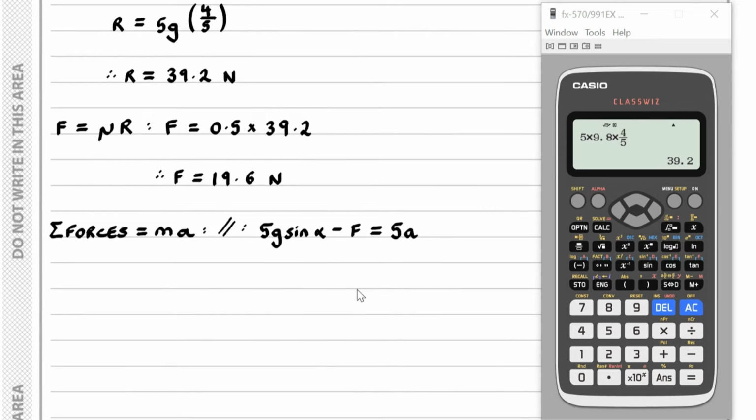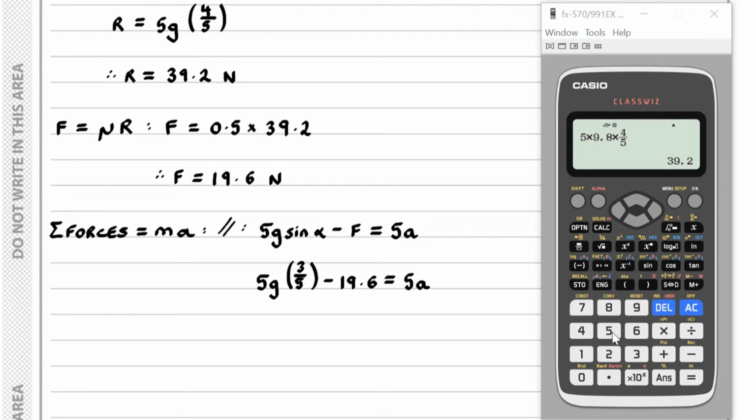And knowing what sine alpha is, that's 3/5. We have 5g multiplied by 3/5 subtract f, which we know is 19.6. That's equal to 5 multiplied by a.